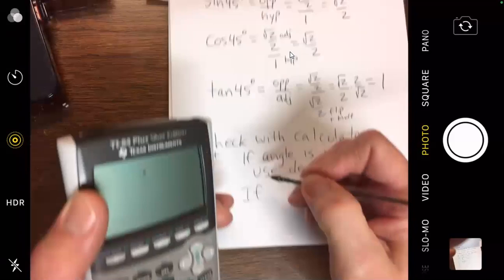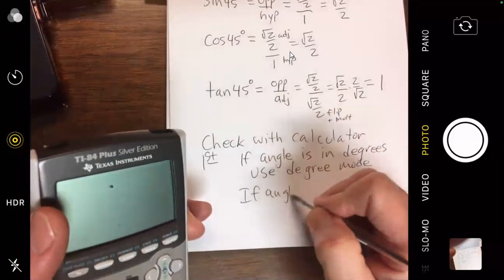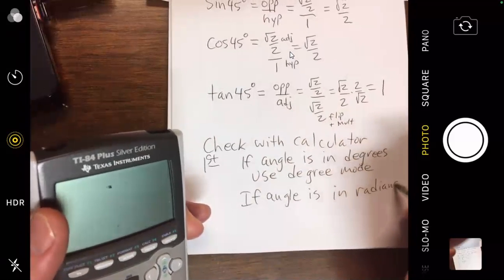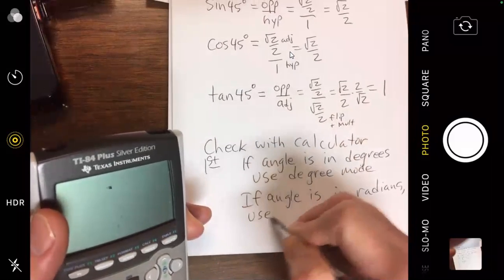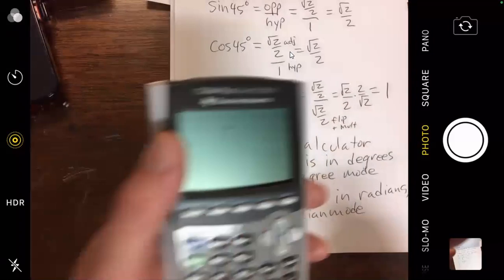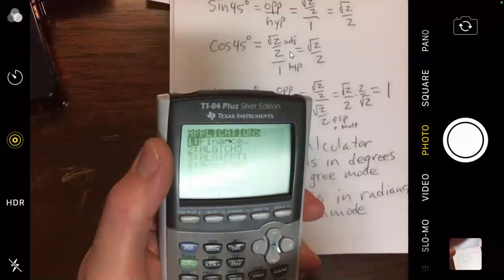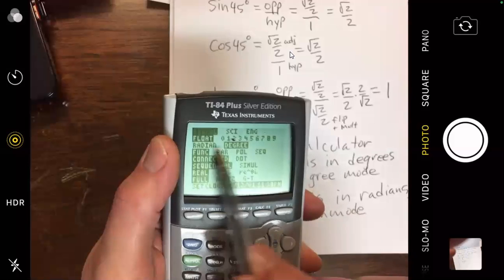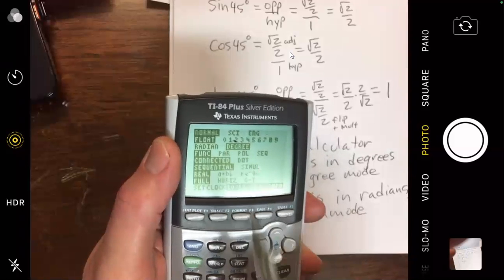If your angle is in radians, use radian mode. Okay, so that is in your mode button up here. Third line down, radians versus degrees. So I want to be in degrees.